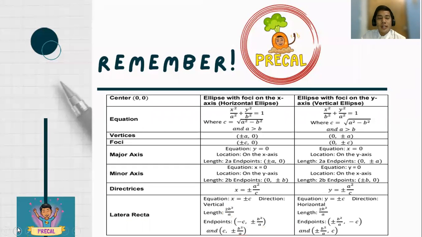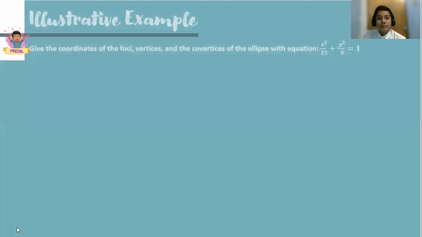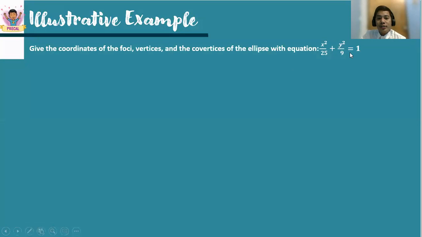Now let's have an example. Give the coordinates of the foci, the vertices, and the co-vertices with the equation x squared over 25 plus y squared over 9 is equal to 1. So first is to define the three distances. For the a distance, we have positive, negative 5.